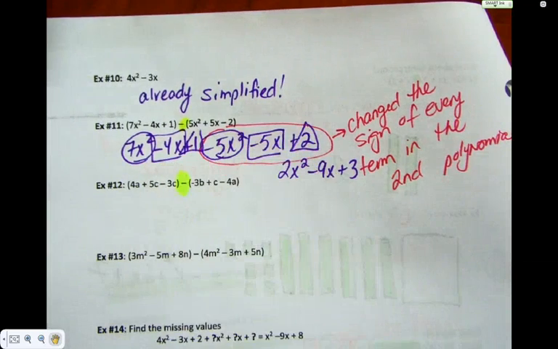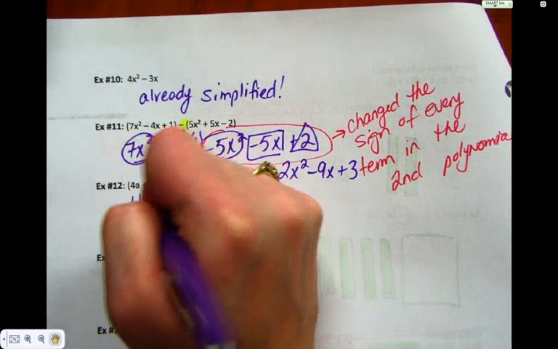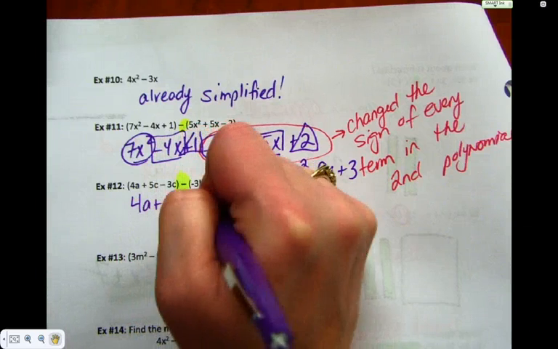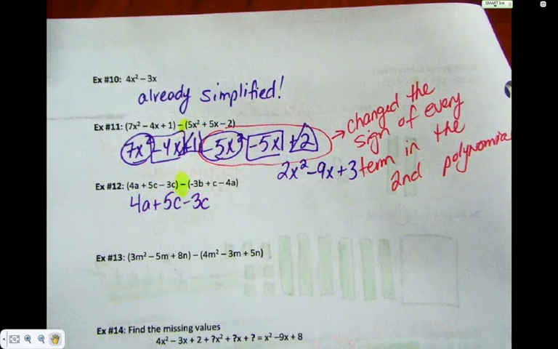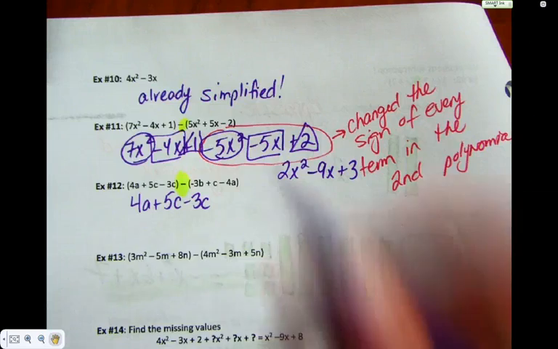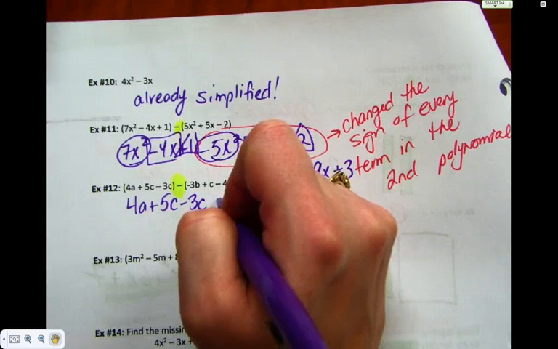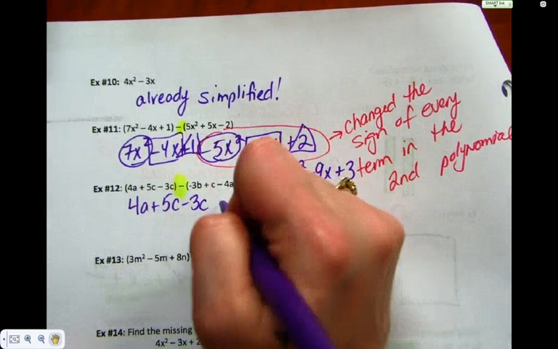Another subtraction. Write down the first one exactly what you see. Don't change it. Take every term with the second polynomial and change the signs. So minus 3b becomes?